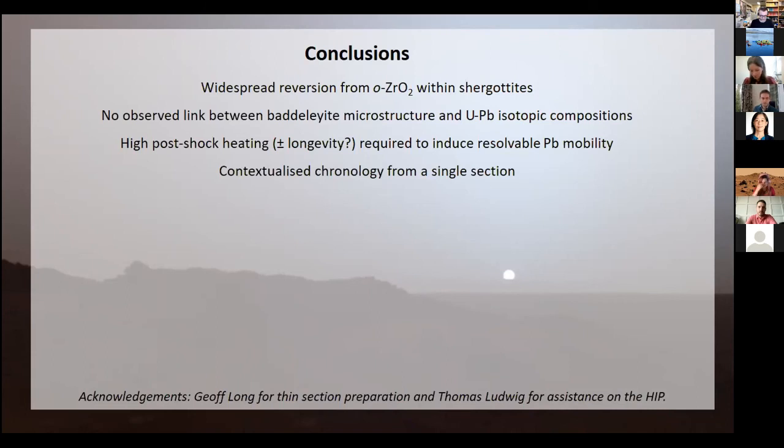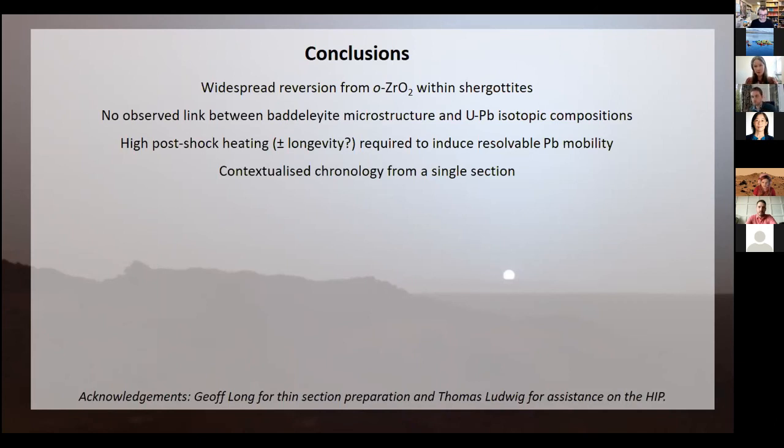So within Martian meteorites, Baddeleyite is really abundant within enriched shergottites. I did recently find an enriched shergottite that was apparently lacking in Baddeleyite, which was a bit of a shock to me. But it kind of tallies with mantle source domains.